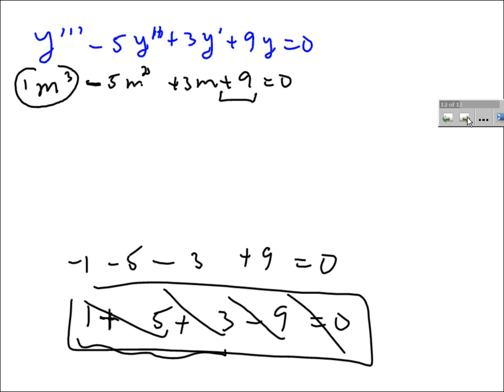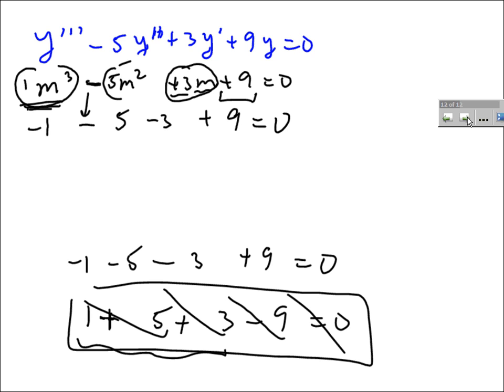I already have my minus here, so I like that to be 5. And I like this to be negative 3. Just let m be negative 1. If m is negative 1, that'll be negative 1. That minus is that minus. Now, negative 1 squared will be 1, times the 5 in front will be 5. And positive 3 times negative 1 is negative 3. And when you add 9, you say, yeah, I'm getting 0.